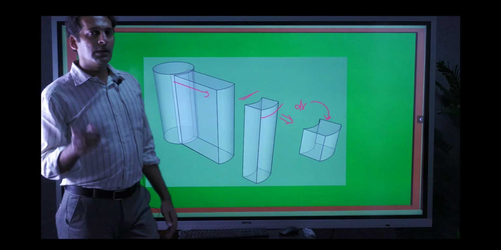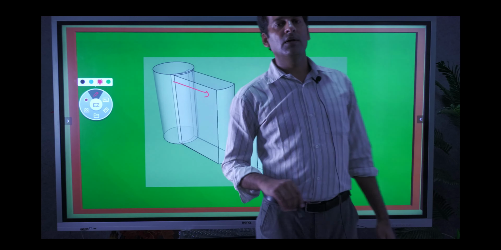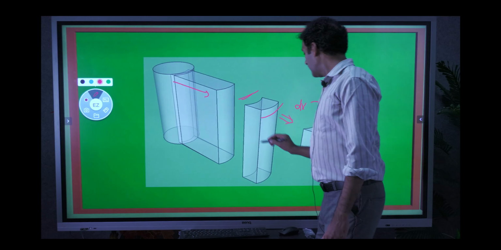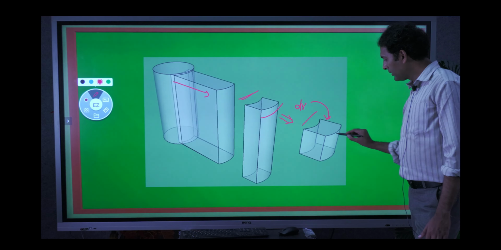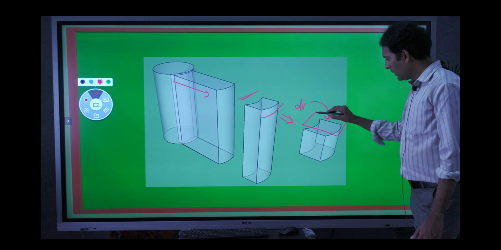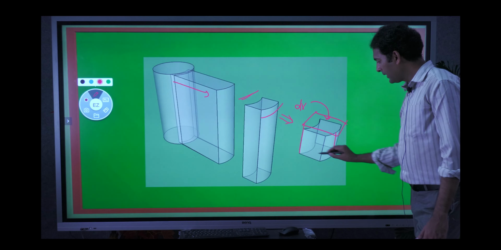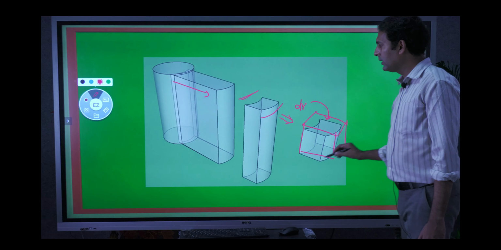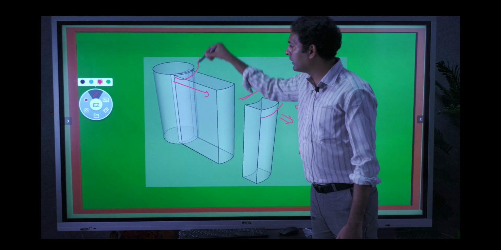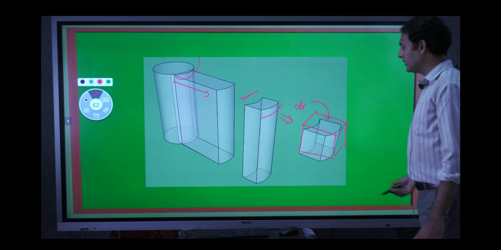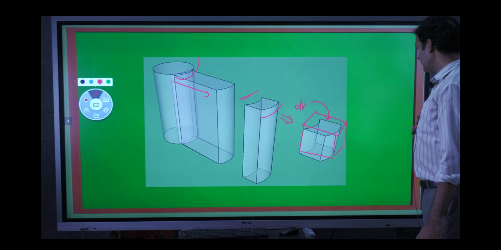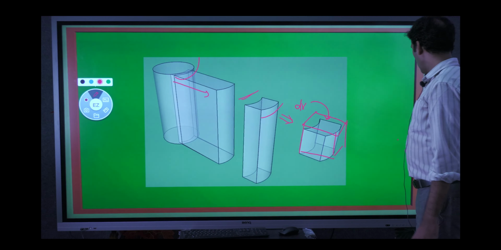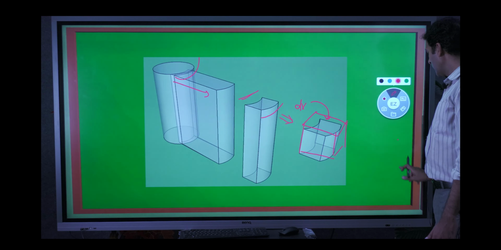Now if we compare it with the volume of the rectangular coordinate system, what is the change? There, these are straight lines, but here we don't have straight lines because of the curves present in the cylindrical coordinate system. Due to that, there will be a small variation in the mathematical equation, which we will see.